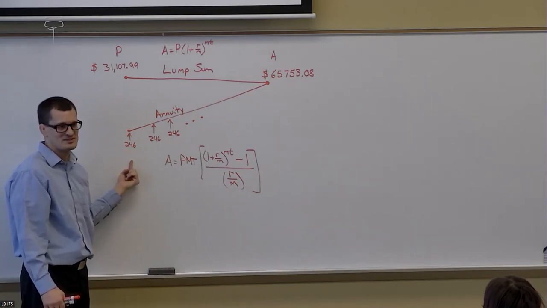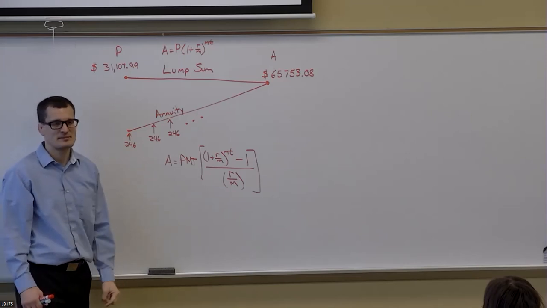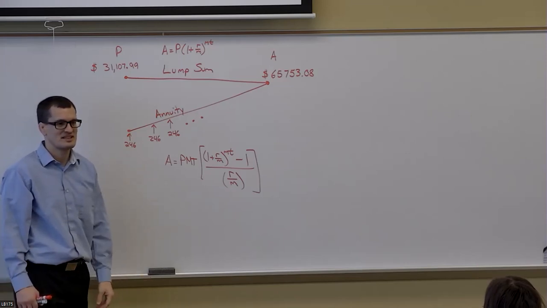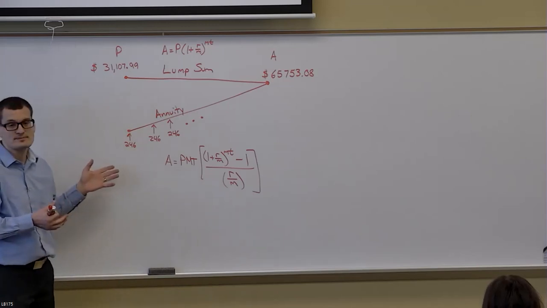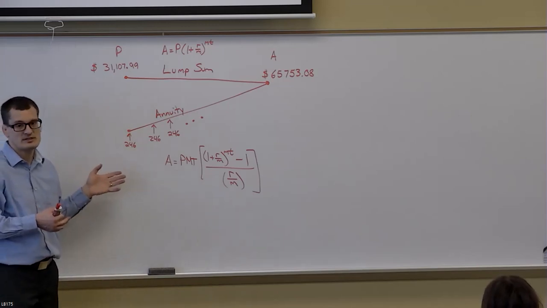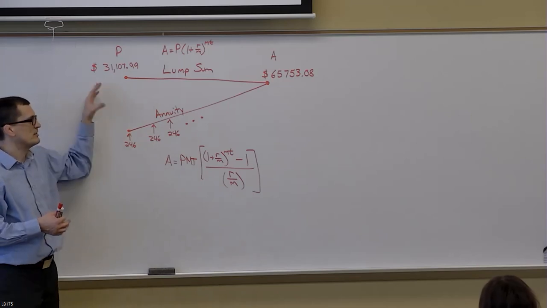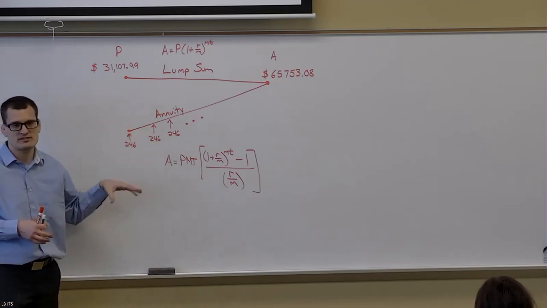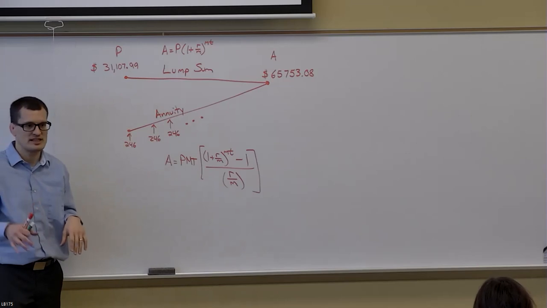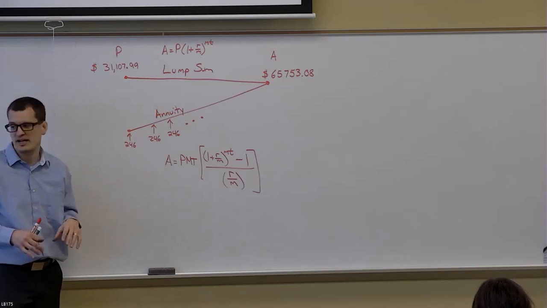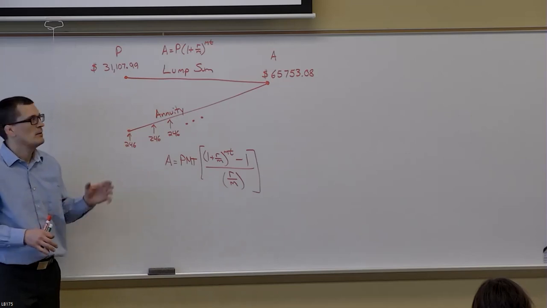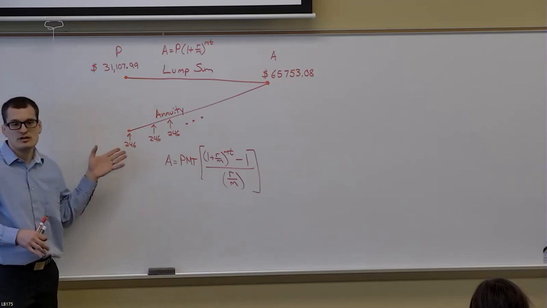Does that make sense? So this is precisely what banks calculate. Or, you know, they do it this way. They have fancy calculators that they put in all the information and they hit enter, and they probably don't know the mathematics behind it. But this is how loans work.